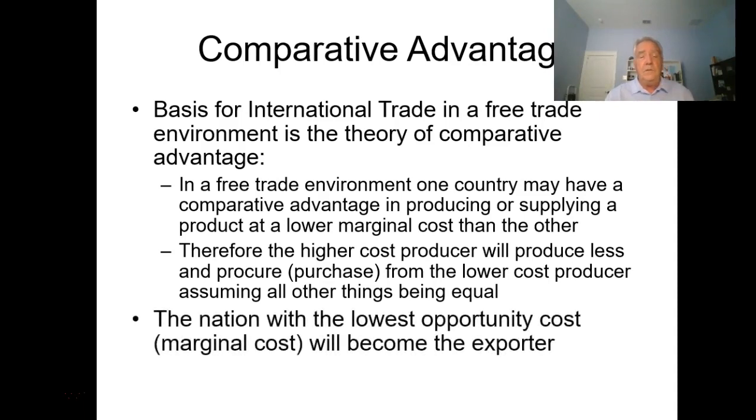The nation with the lowest opportunity cost or marginal cost will become the exporter. The nation with the higher cost will become the importer. That's how international trade works, and that's how comparative advantage decides through economics who trades what with whom. Okay? And the system works.